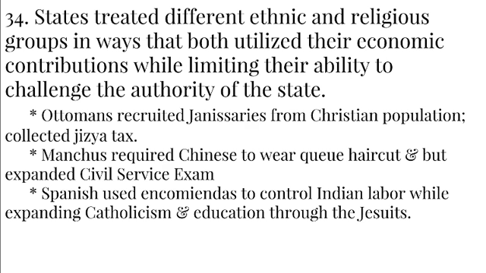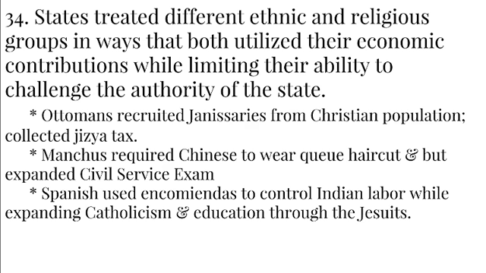The Ottomans used the devshirme system. They used the system to kidnap young Christian boys from the Balkans, that is Southeast Europe, from the Christian population of the Balkans, and recruited them and converted them into Islam, recruited them into janissaries, and used them to fight wars for them or administer the government. They also collected the jizya tax from their Christian and Jewish populations.